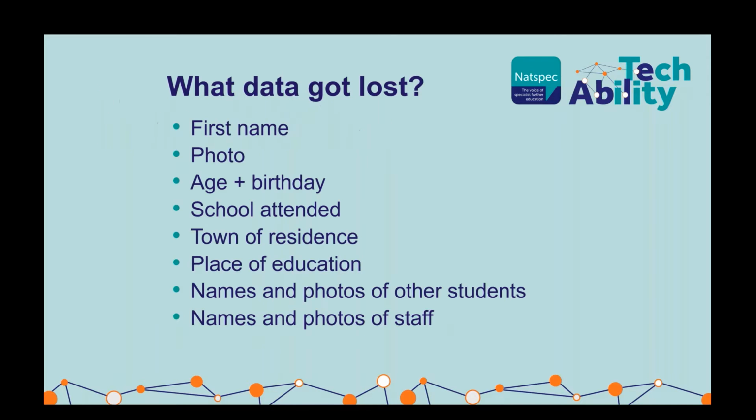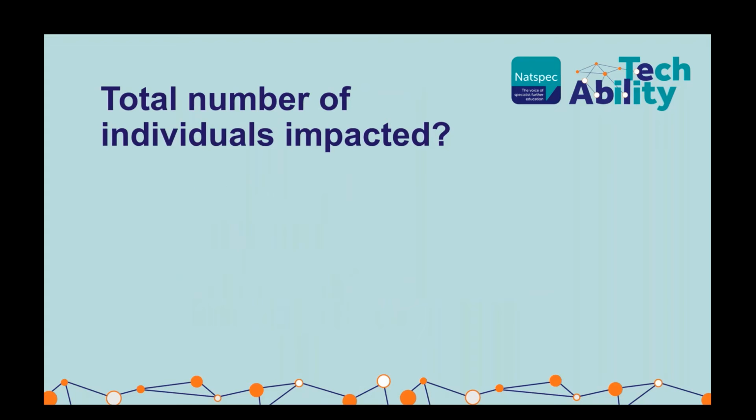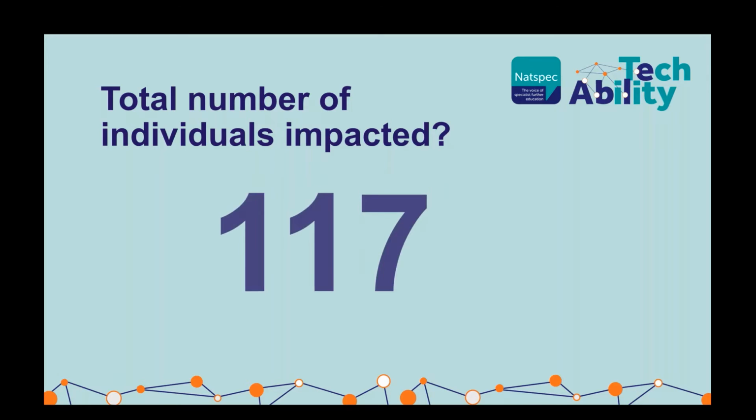So back to our list that we had there, we're thinking of names and photos of other students and names and photos of staff on one iPad. I'm just going to give you a couple of seconds to make a prediction in your head about how many individuals you think that impacted. And the answer is 117, just from one person's communication aid.